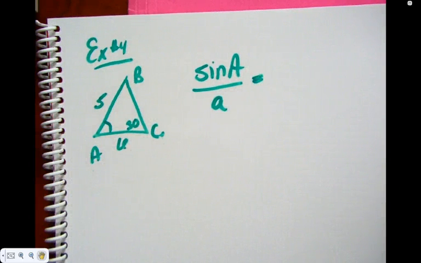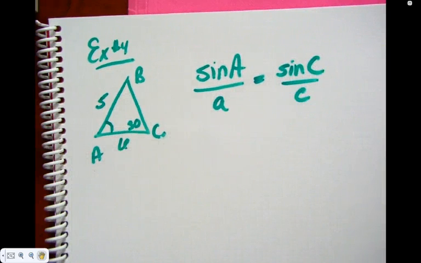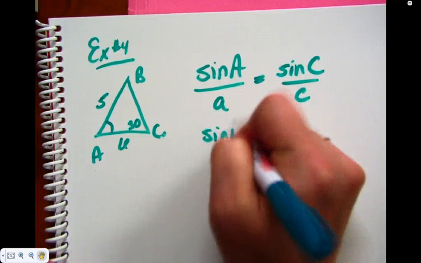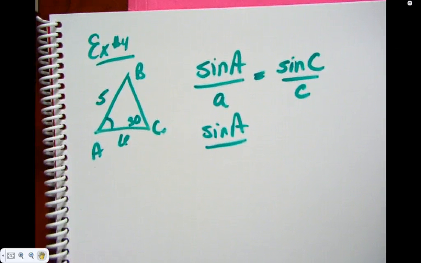What am I given? So step 2 is exactly the same. Step 3 is substitution. So I'm going to keep sine A on the top. What's the problem now? I don't have little a.